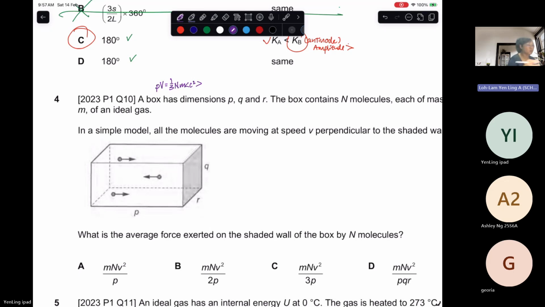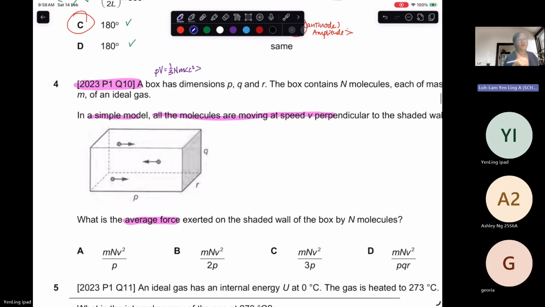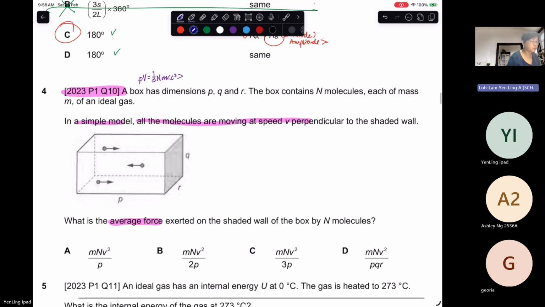Here we are looking at what is the average force exerted on the shaded wall by n number of molecules, and we have a very simplified model. All the molecules are moving at speed, and this is again a past year paper, from 2023, paper 1. So we want to show you that these are the questions where it comes from, and this is how Cambridge assesses.